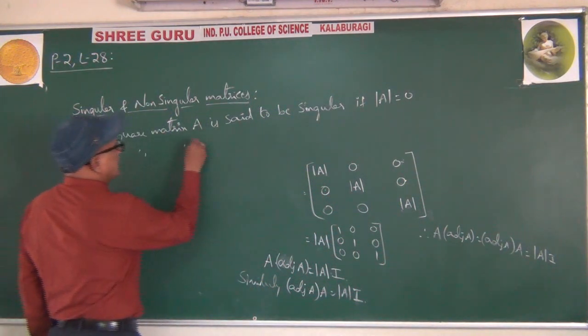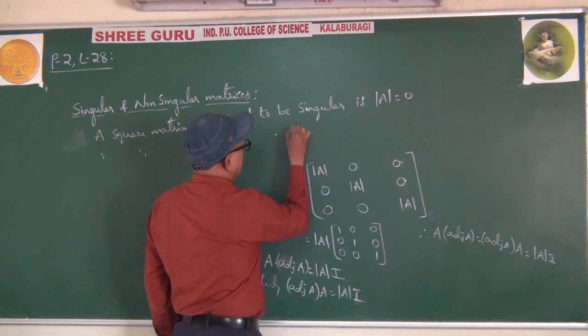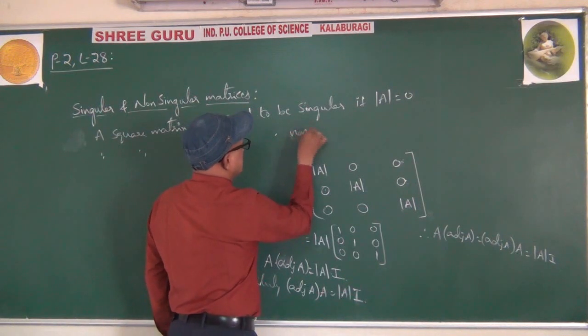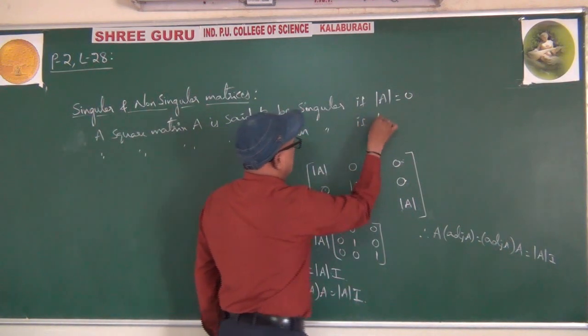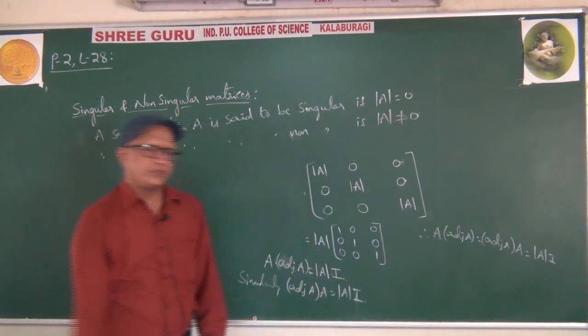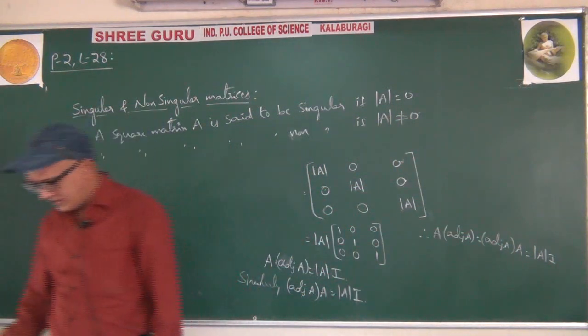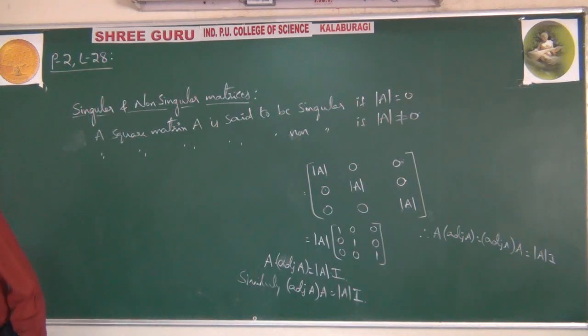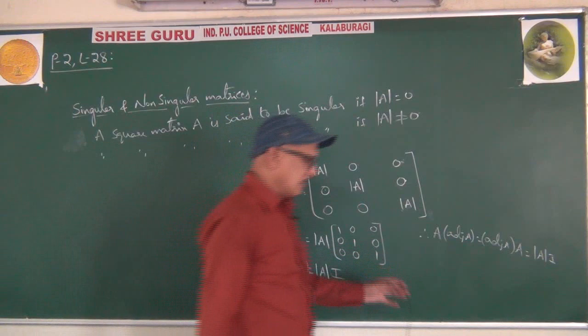A square matrix A is said to be non-singular if determinant A is not equal to 0. Few students are confused in remembering this definition. They are not going to ask the definition.